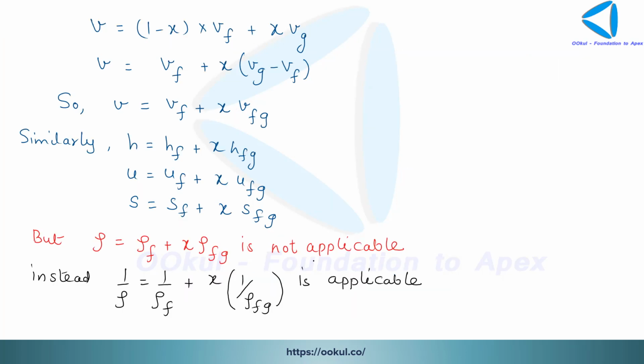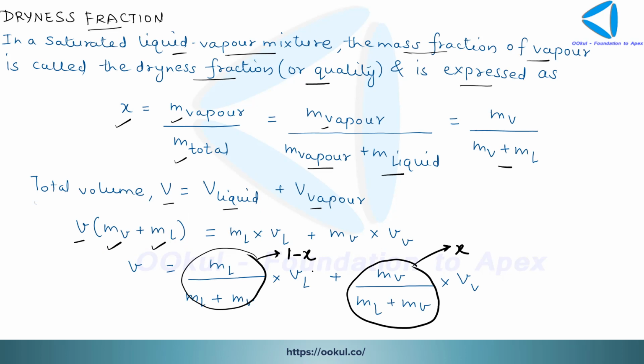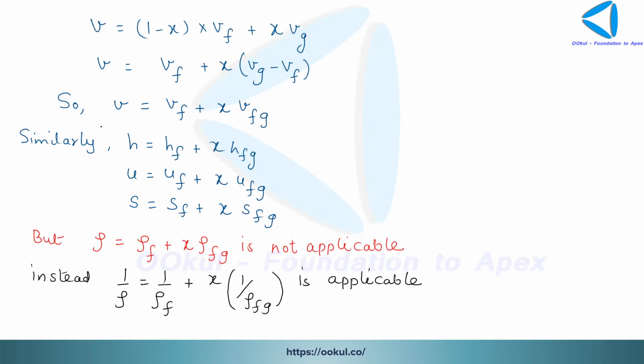So you can write v equal to (1 minus x) into vf plus x times vg, where the liquid volume is vf and the vapor volume is vg. Now just arranging the terms, we get v equal to vf plus x times (vg minus vf), and this is v equal to vf plus x times vfg.